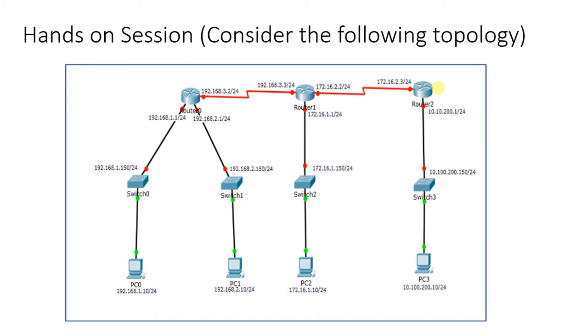We need not add manually any remote networks in this. We just will be advertising the directly connected networks, and the Routing Information Protocol will automatically find the different routes, find the best route to the destination or the remote network, right? So we will see how it can be done.